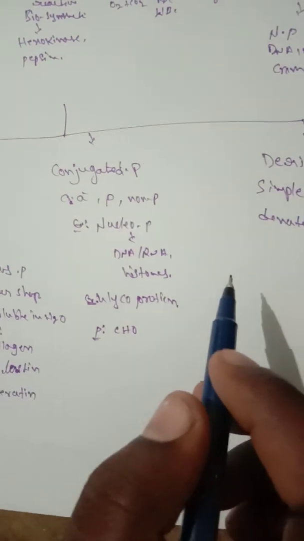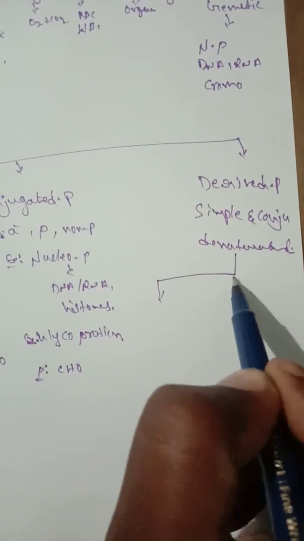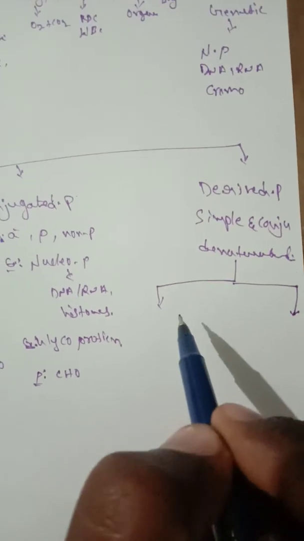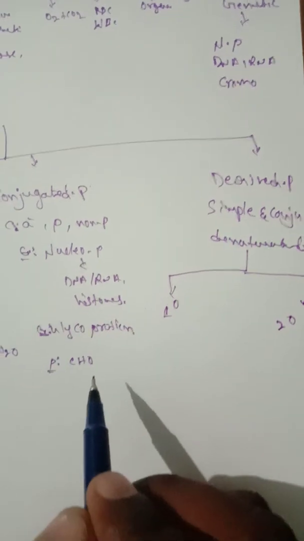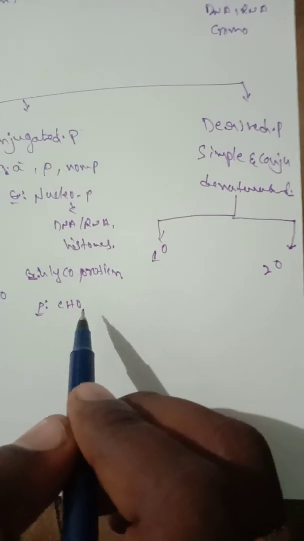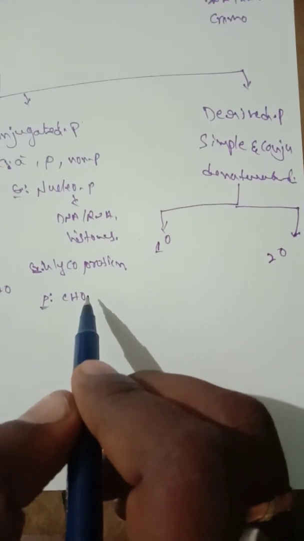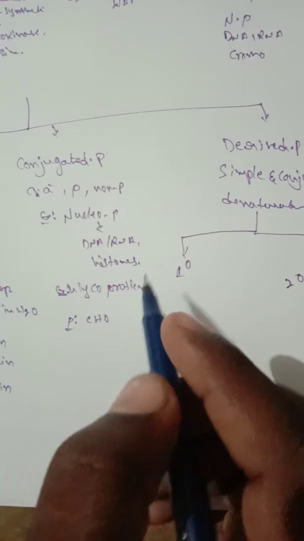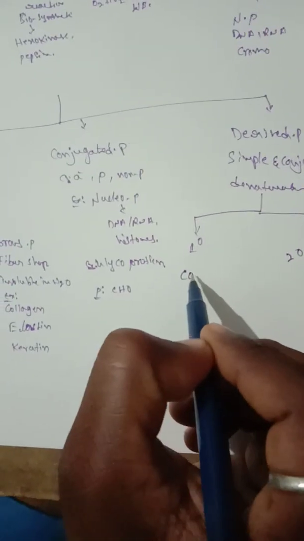The next one, derived proteins. The derived proteins are again classified into two types. What are they? One is the primary, second one is the secondary. Primary derived proteins, secondary derived proteins. So what are the primary derived proteins? Examples are the coagulated proteins.